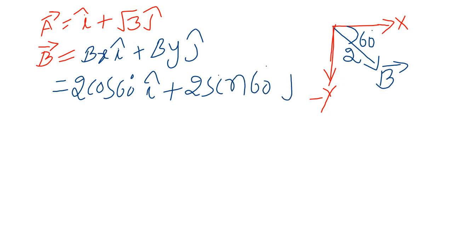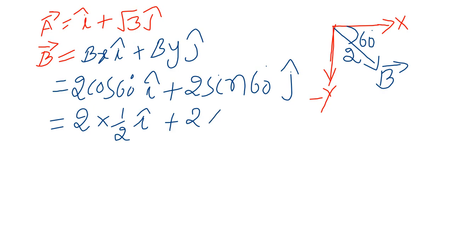So 2 cos 60 is 1 by 2, plus 2 sin 60 is one simple thing. We forget that one. Here this is in fourth quadrant.